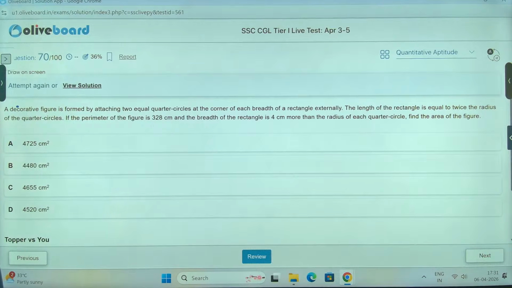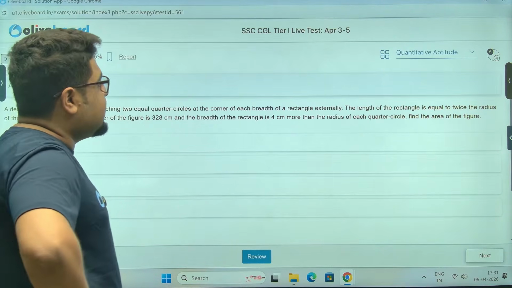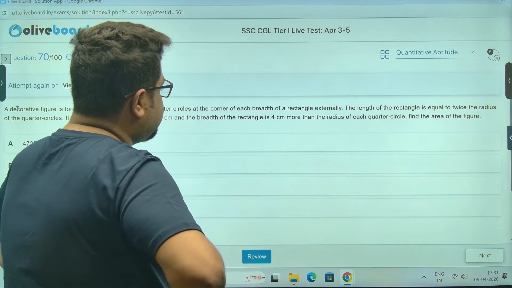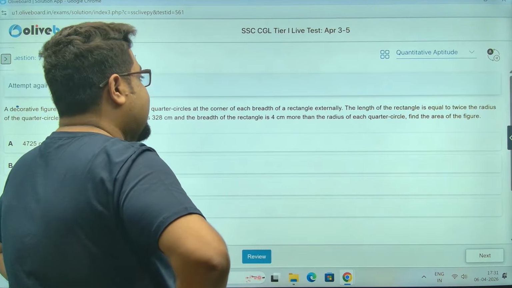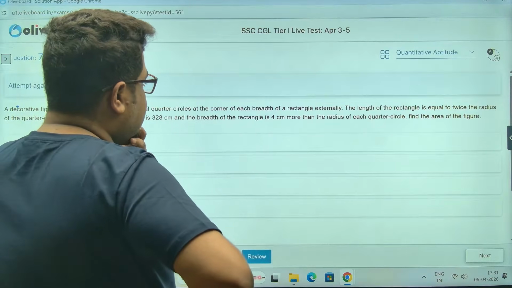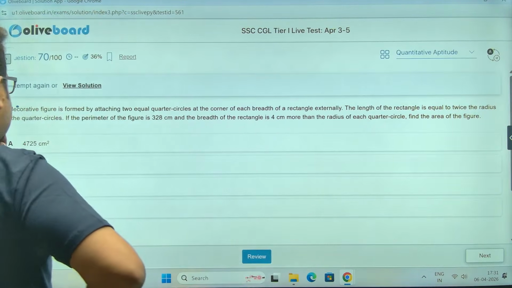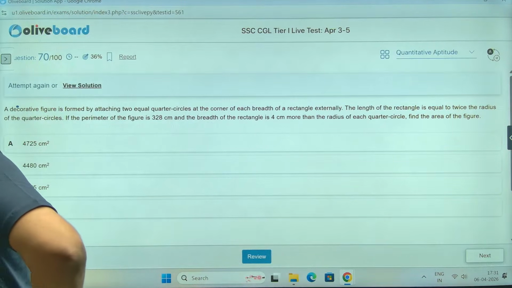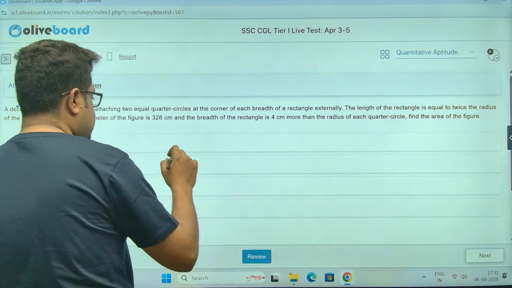A decorative figure is formed by attaching two equal quarter circles to the corner of each breadth of a rectangle externally. The length of the rectangle is equal to twice the radius of the quarter circle. Perimeter is this.